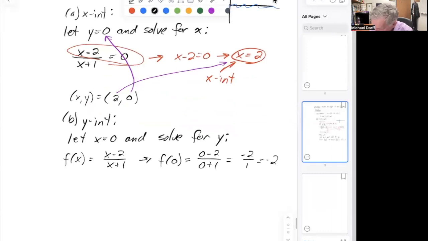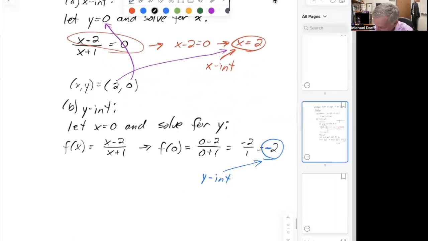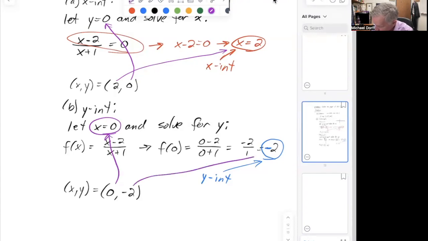Then this -2 is my y-intercept. Make sure to emphasize the -2 there. But again, like before, it's useful to have that as an xy point. So my x point is 0 and my y point is -2, where the 0 comes from the fact that we let x equal 0, and the -2 comes from my y-intercept right there.